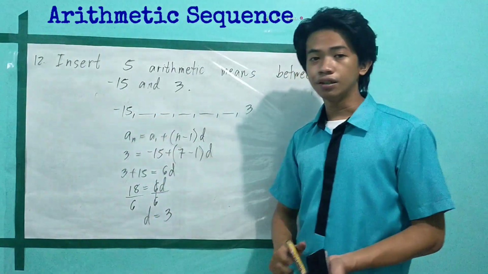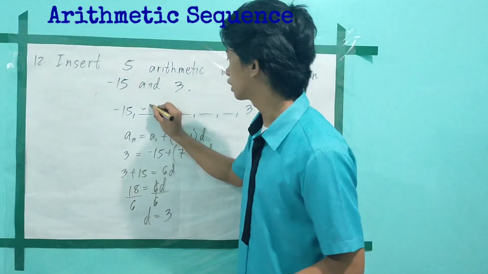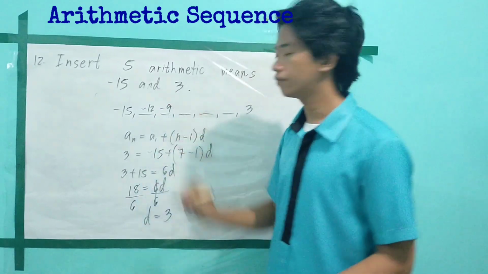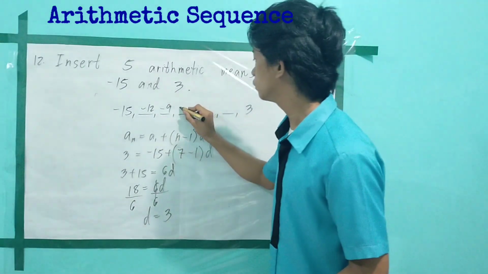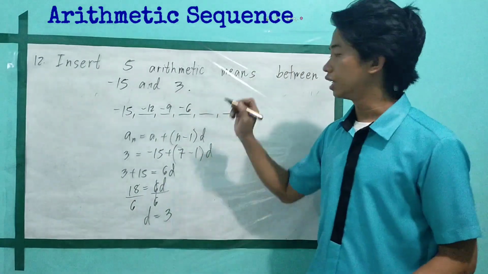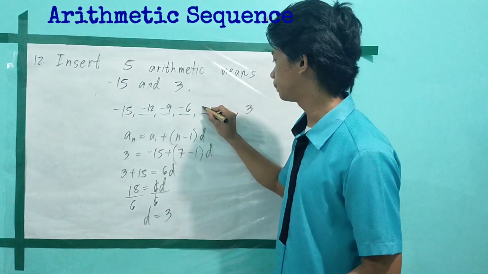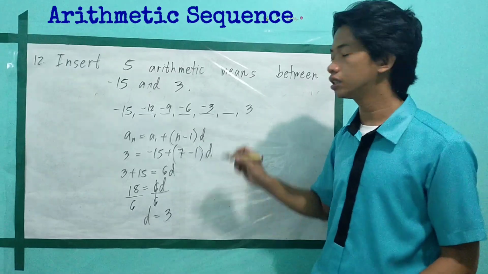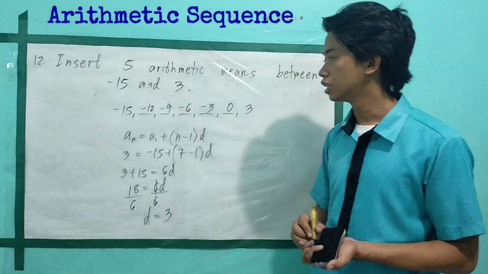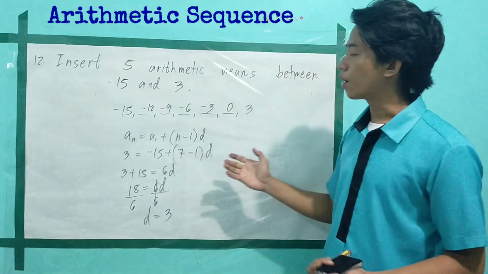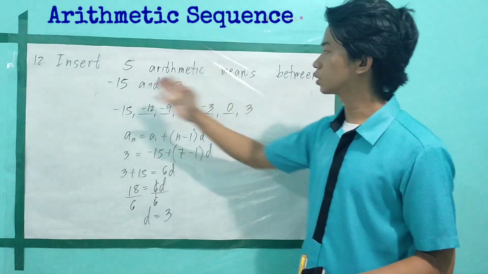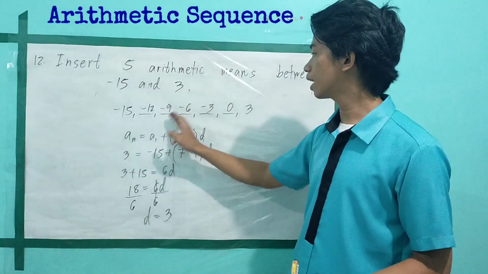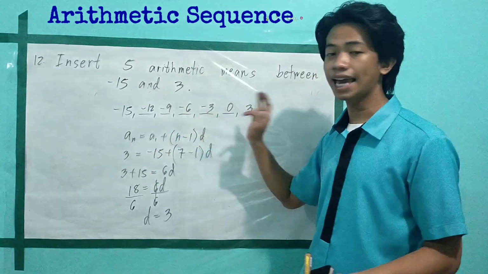So, negative 15 plus 3, we have negative 12. Negative 12 plus 3, we have negative 9. Negative 9 plus 3, we have negative 6. Negative 6 plus 3, we have negative 3. Negative 3 plus 3, we have 0. Ayan. So, therefore, the 5 arithmetic means between negative 15 and 3 are negative 12, negative 9, negative 6, negative 3, and 0.